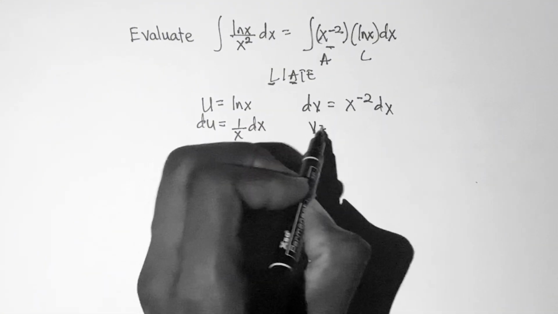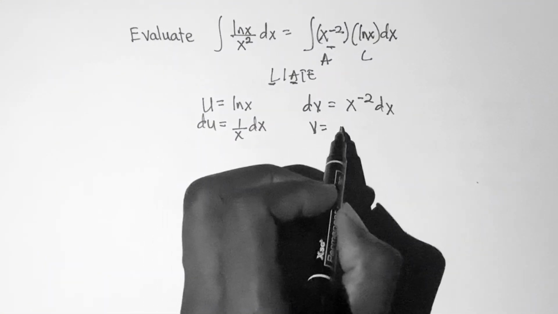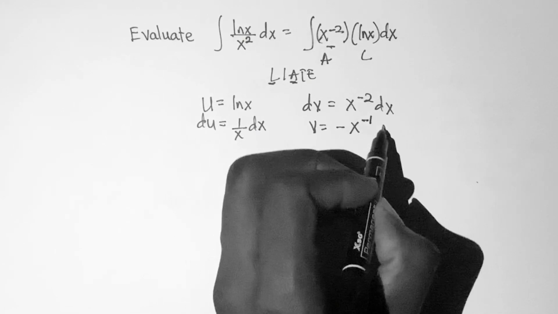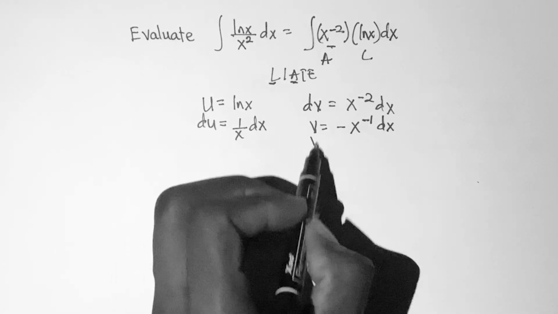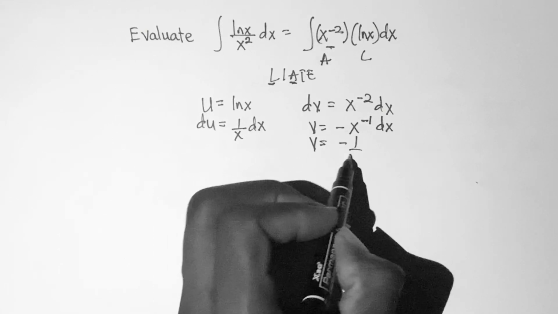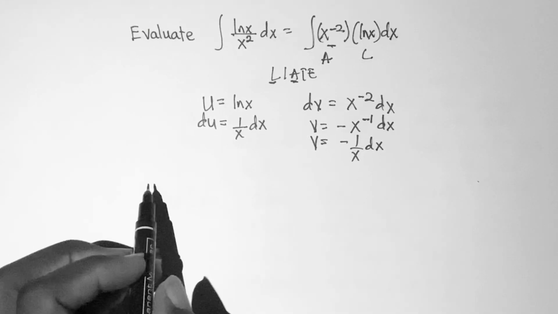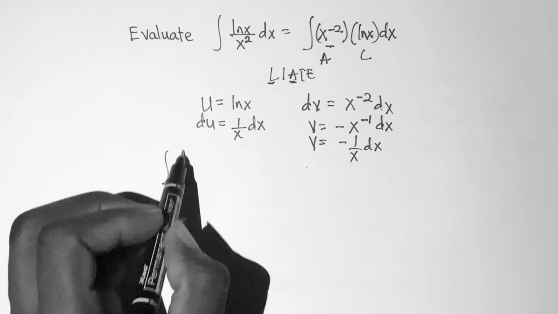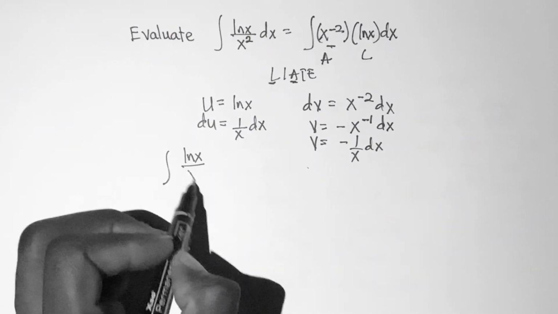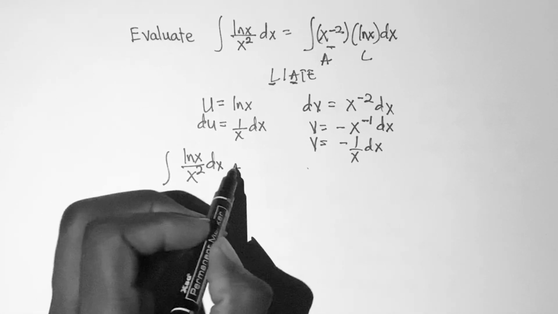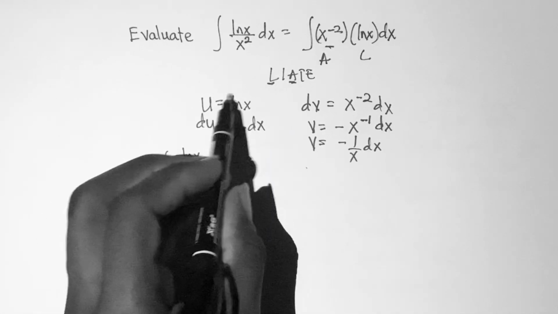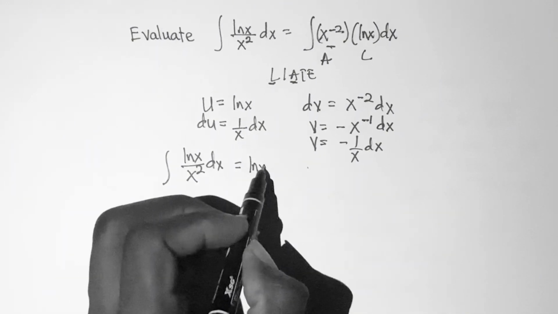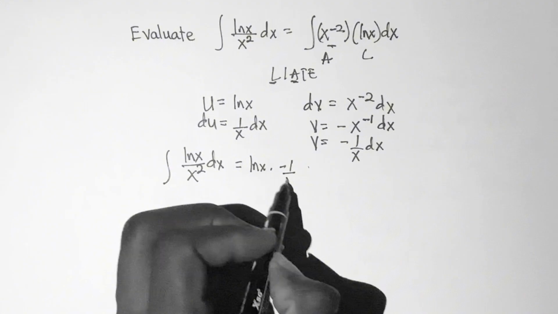So v, when we integrate this, you get minus x exponent minus 1, which is the same as v equals minus 1 over x. And therefore this integral, the integral of natural log of x divided by x squared dx, is equal to uv. u is natural log of x, times minus 1 over x.